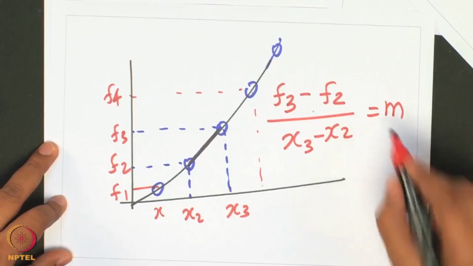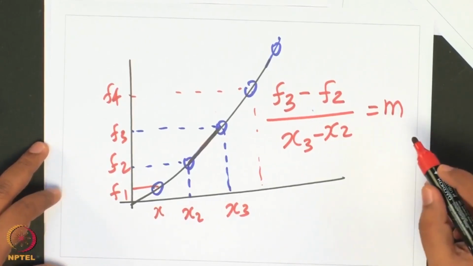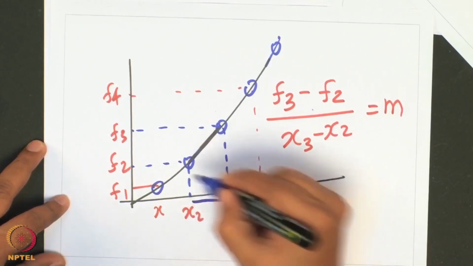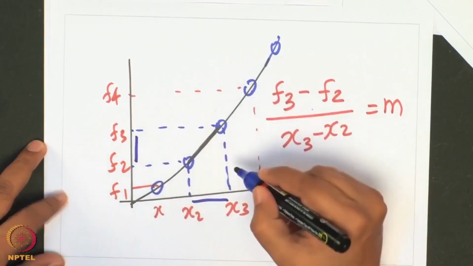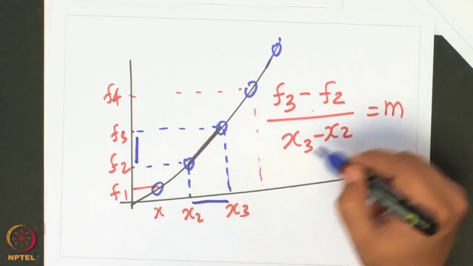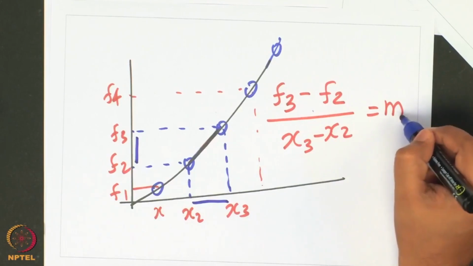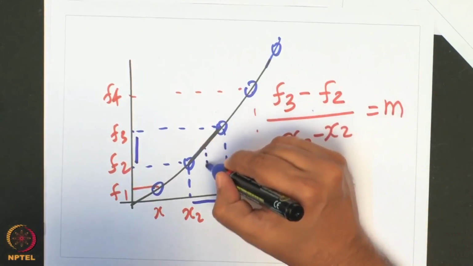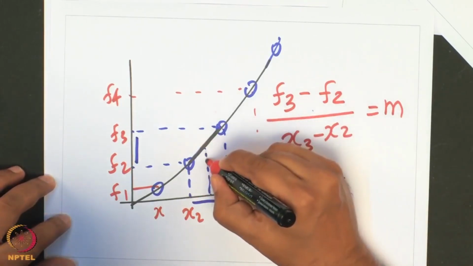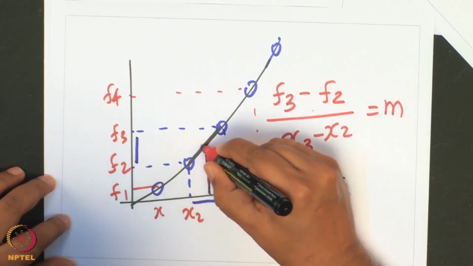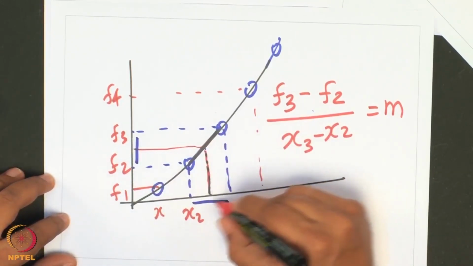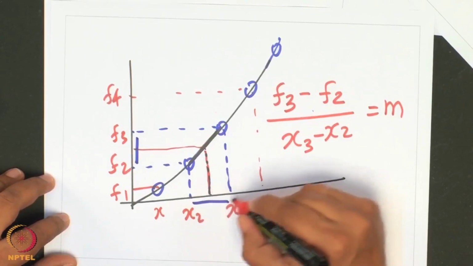But this is a slope corresponding to what x value? One could claim that this is a slope. I took these 2 points, so I could say that this is the slope m, but m is for what x value? I could say that this m is for an x value between x2 and x3.